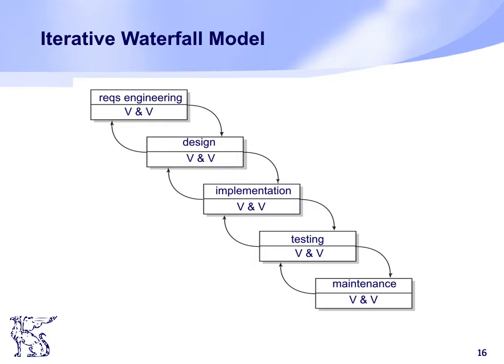To fix the problem, we sometimes add a feedback loop from each of these phases to the previous phase, which means that if you find something wrong in the implementation phase, you will go back to the design phase if the problem was in the design phase, or you can even go to the requirement phase if the problem was in the requirement phase, and then you can keep coming back.